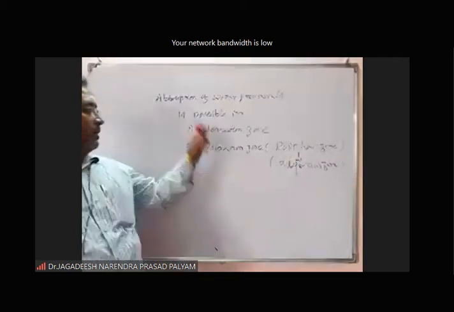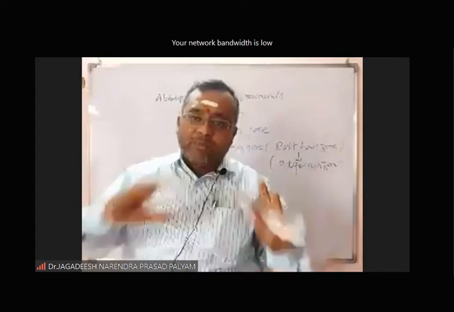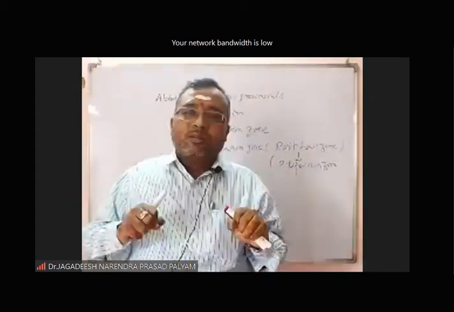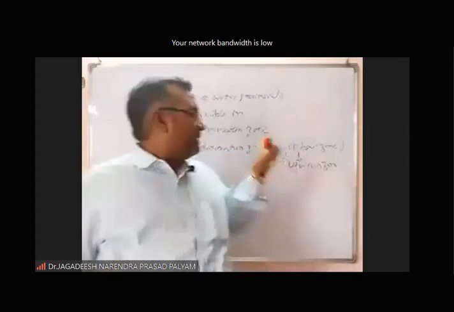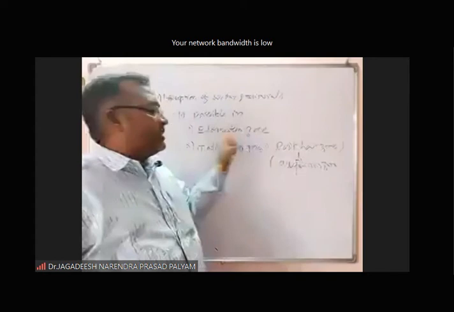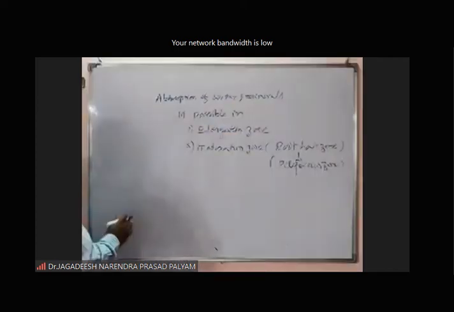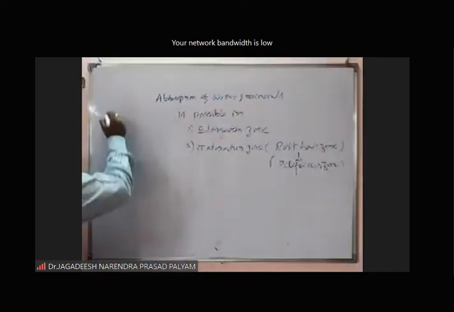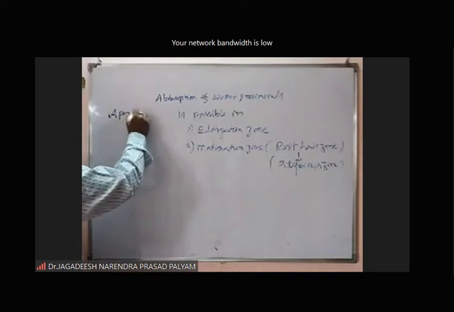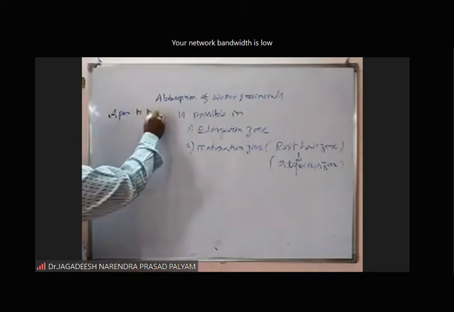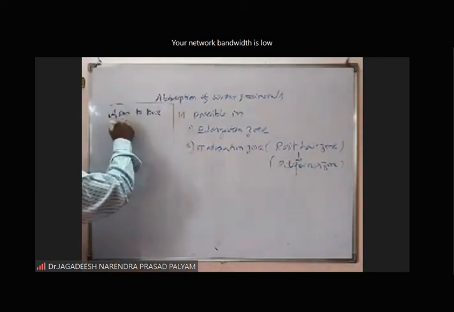The elongating cells, how do they elongate? By absorbing water. The cells in the elongation zone absorb water and elongate. So if you see the zones from apex to base of root.